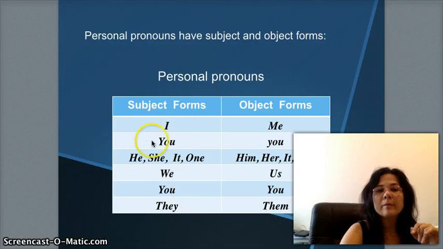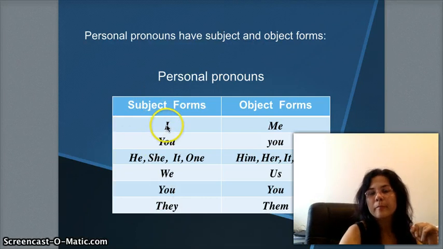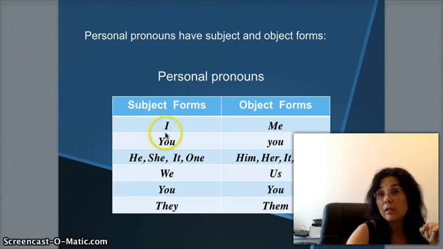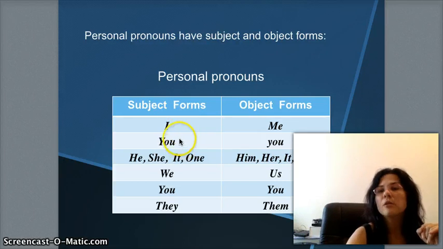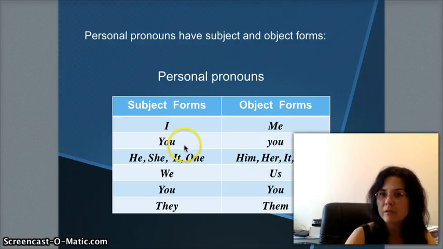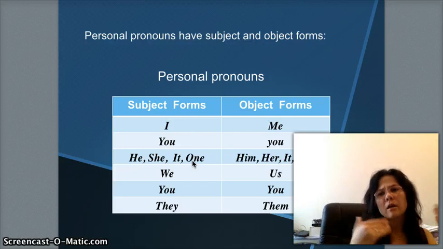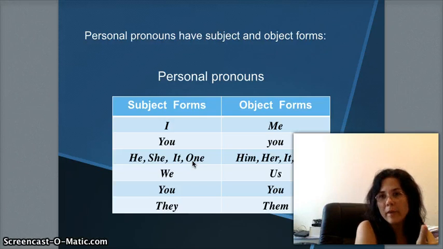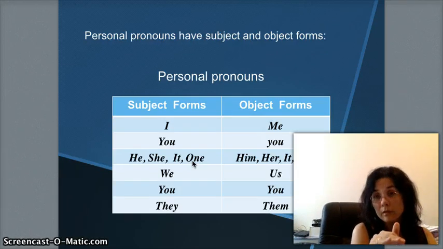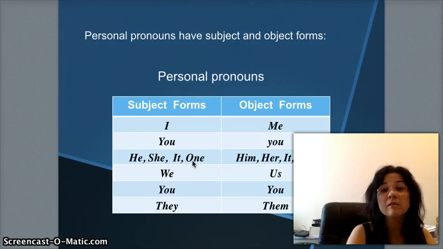So, when you think about the subject form, we have I for the first person singular, you for the second person singular, he, she, it, one for third person singular. We have to consider if it's female, if it's male, if it's neutral. Yeah, we have to consider these cases.